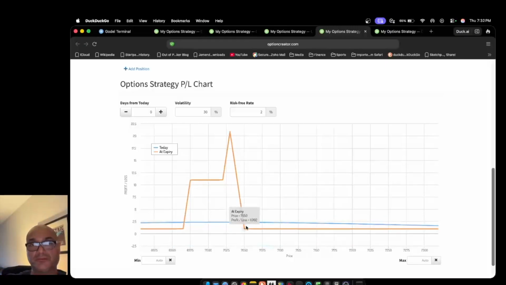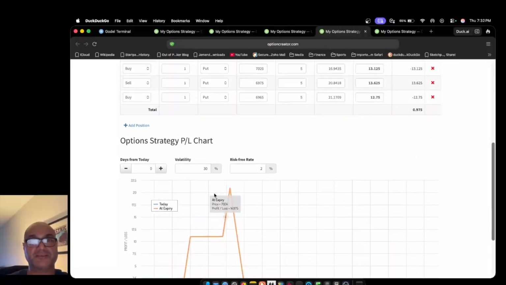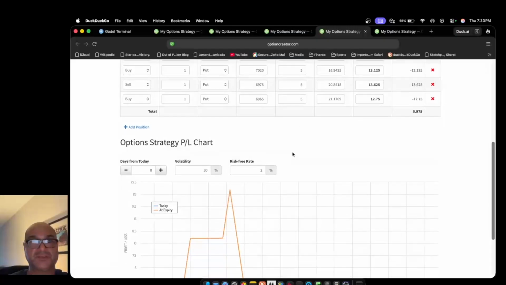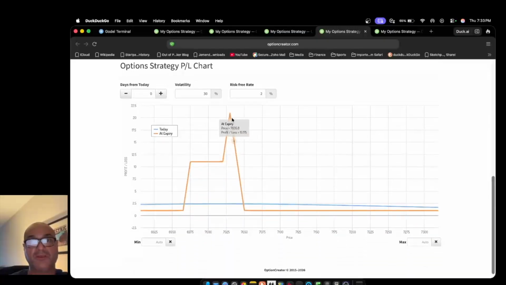Note that the profit tent here is between 7,050 and 6,965. So I have an 85-wide range here on a trade that expires next Tuesday, April the 28th expiry, with an apex of, we're going to have to divide this by half, so it's a little more than 1,000 plus the credit.